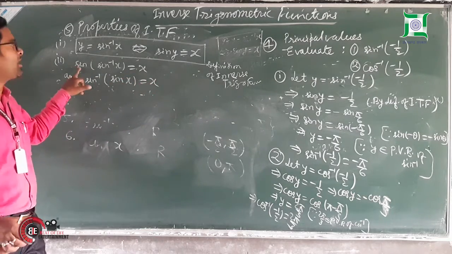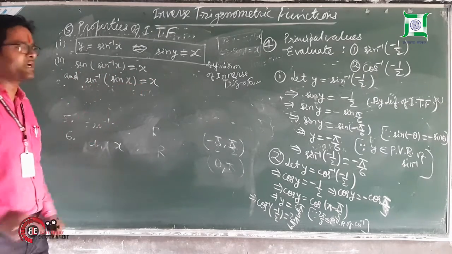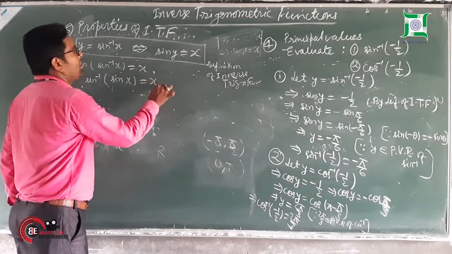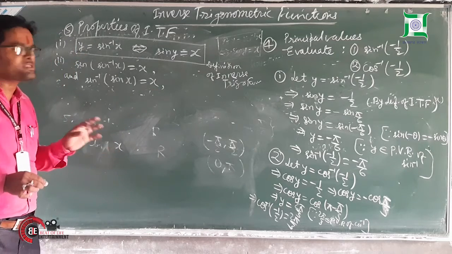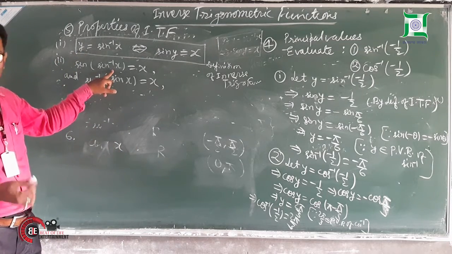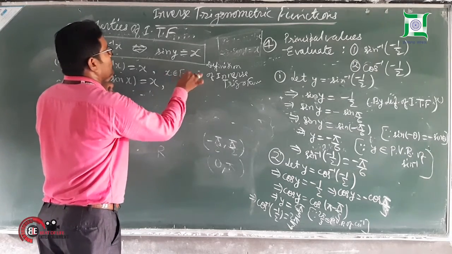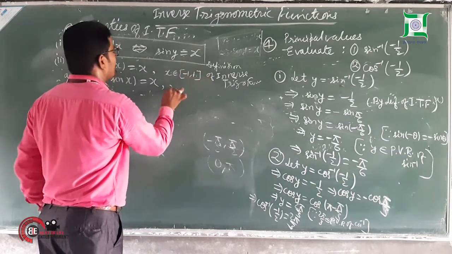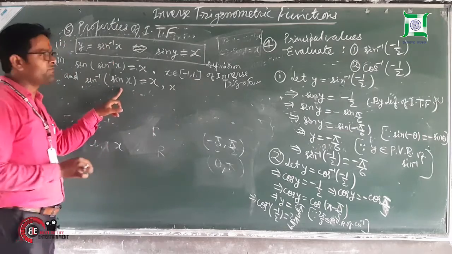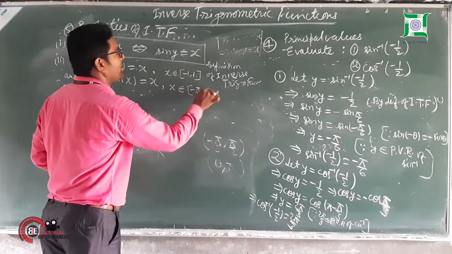Now see, it has to be satisfied within some interval. When we are having the first function as sine inverse x, it has to be satisfied within the interval minus 1 to 1. When it is the case of sine function of x, it has to be satisfied within the interval minus pi by 2 to pi by 2.